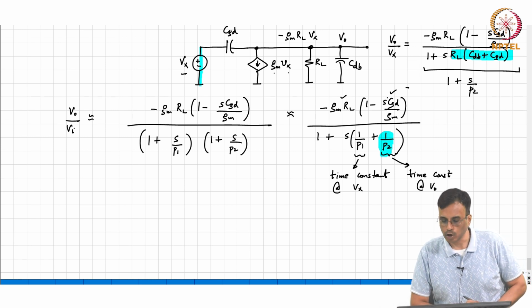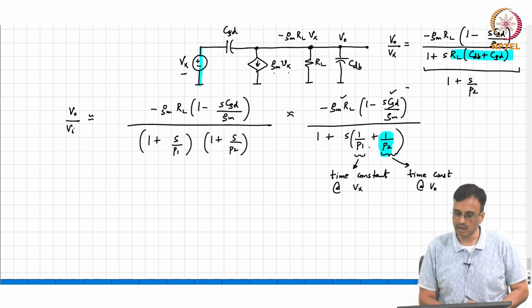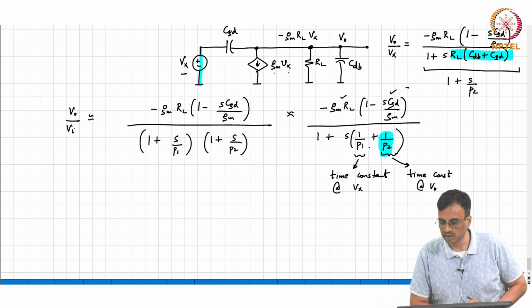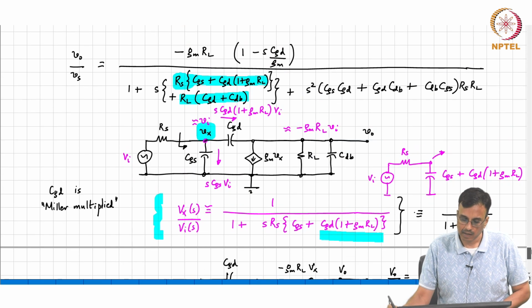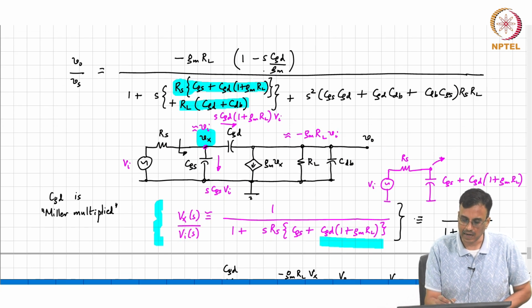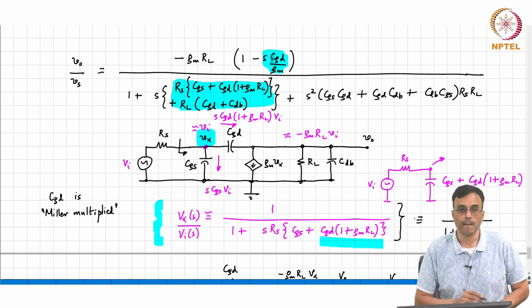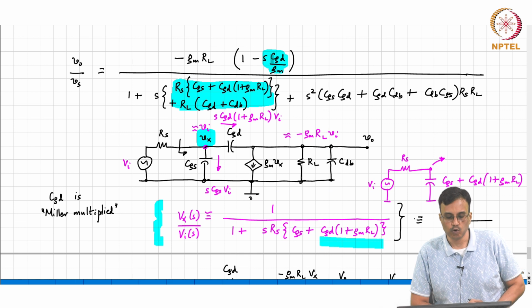What comment can you make when you compare it to the denominator pole? You know that GMRL is much larger than 1.